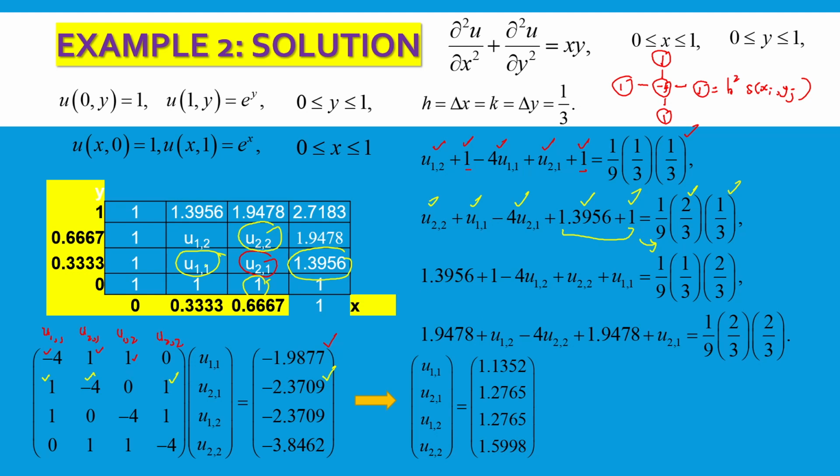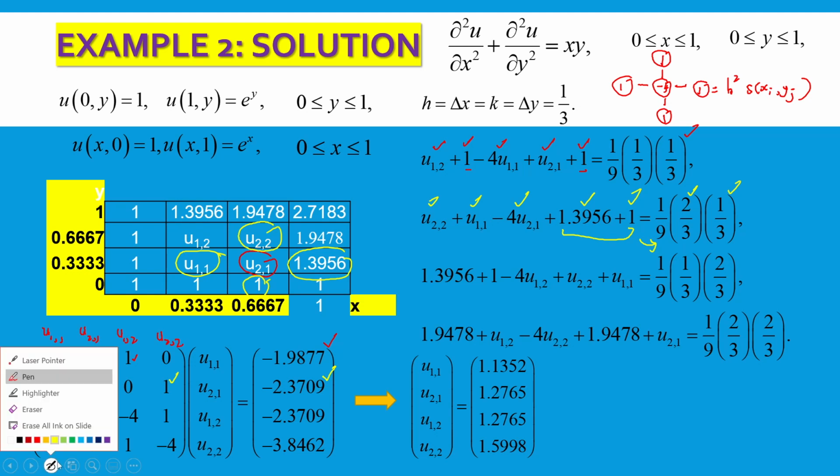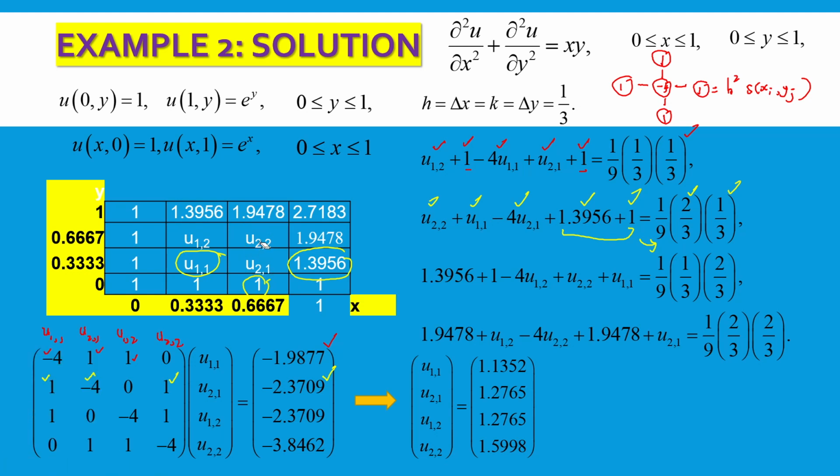Next, we need to solve u12, u22. To solve u12, you need to target the center at u12. So you have top, left, this center, this bottom, this is right. I'm going to erase everything. You got two equations.